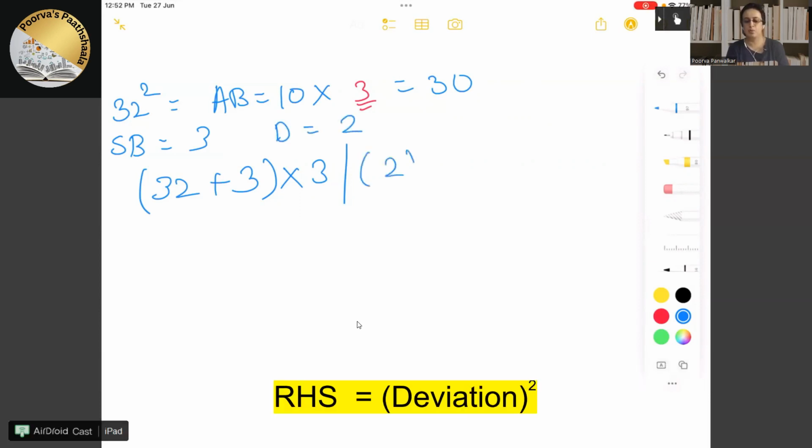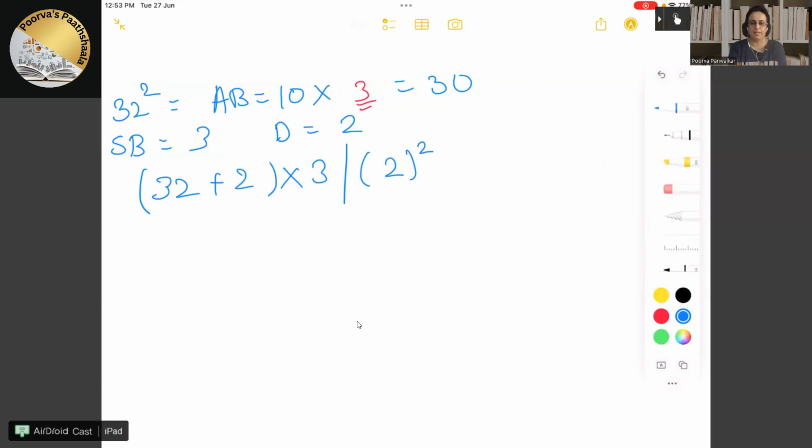And here I get the square of the deviation. So 32 plus the deviation multiplied by the sub base is the first part of my answer, and the second part is the square of the deviation. So 32 plus 2 is 34 into 3, and this is 4.